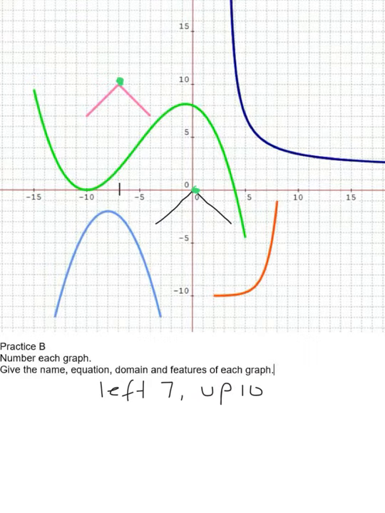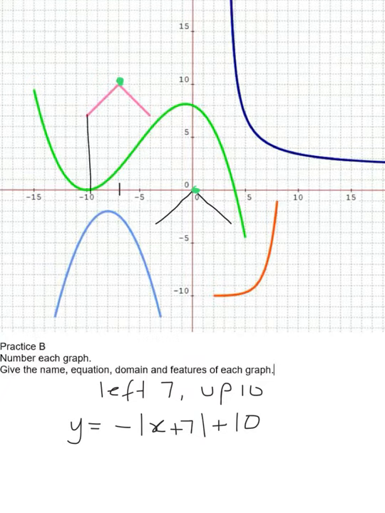So my equation is y equals, now it's upside down, so it's negative absolute value of x, and it's gone to the left 7, so that's plus 7, and it's gone up 10, so it's plus 10. And then my domain is between negative 10 and negative 4.